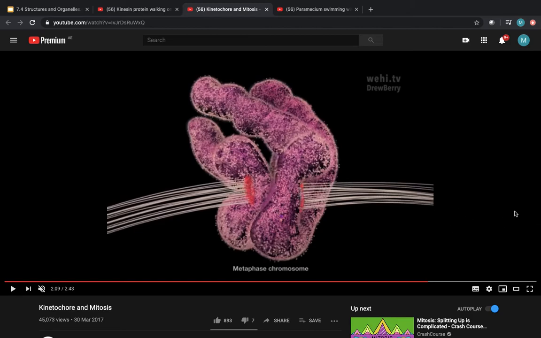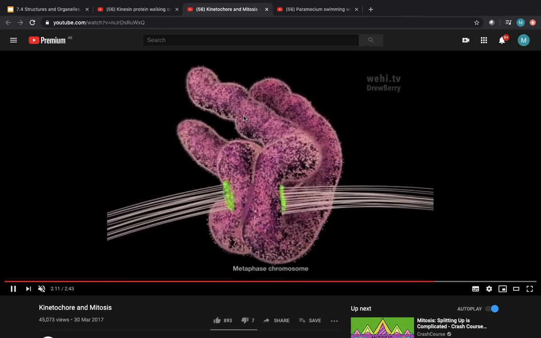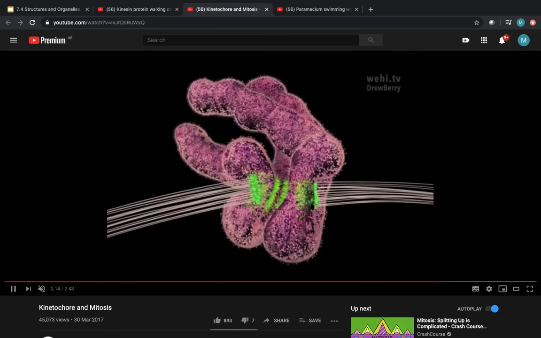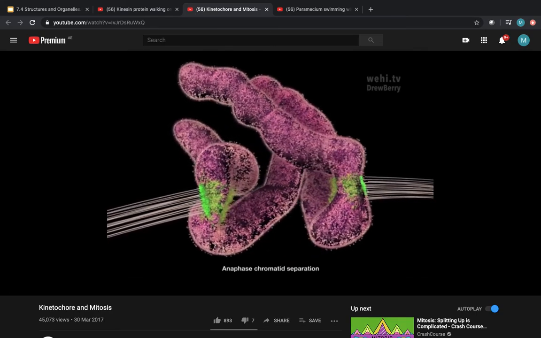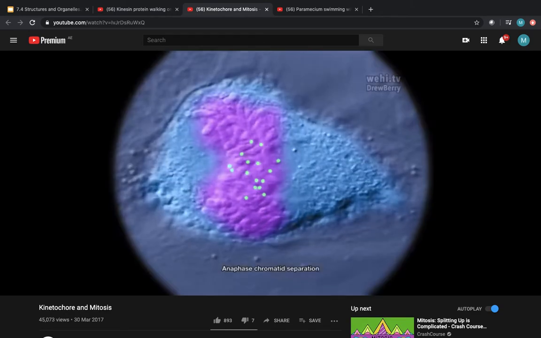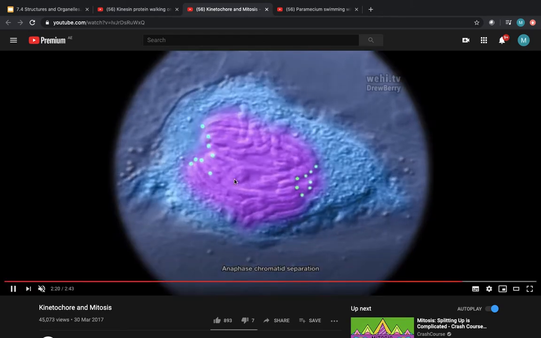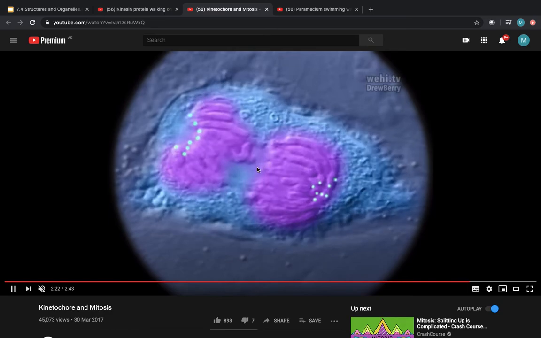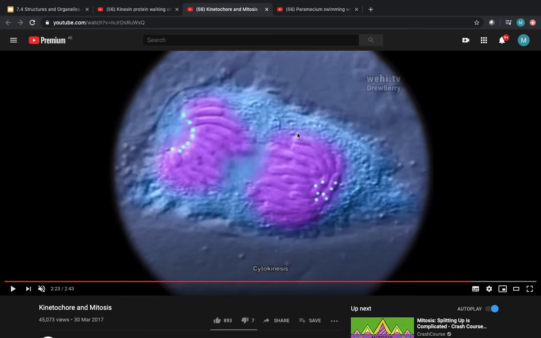So the centriole built microtubules, they grabbed the chromosome, and let's see what happens during cell division. You can see that they're starting to pull apart, and each one of them grabs a chromosome and pulls it apart. And this is the cell overall. You can see that equal numbers of chromosomes are ending up on this side and this side.